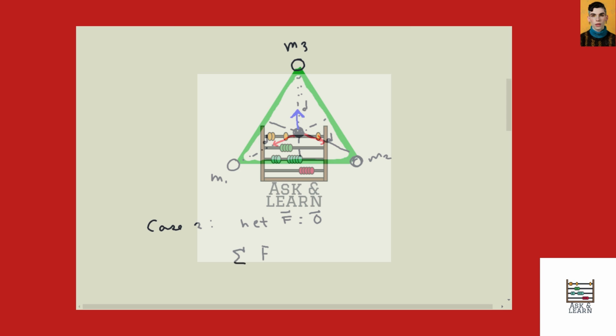And so the sum of the y components is equal to F3y minus 2 times F1y. F2y is the same as F1y due to symmetry.